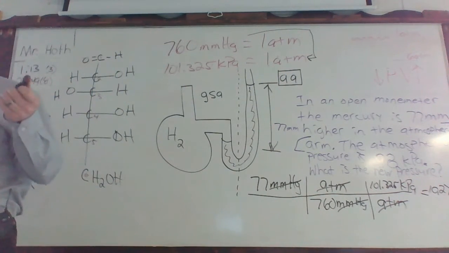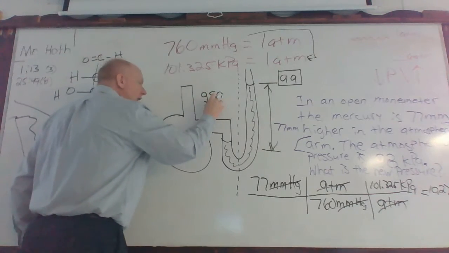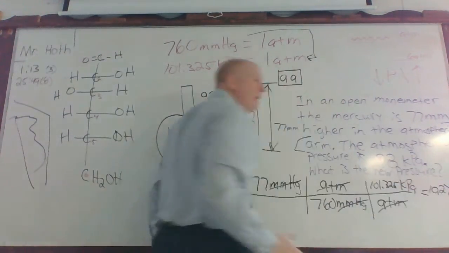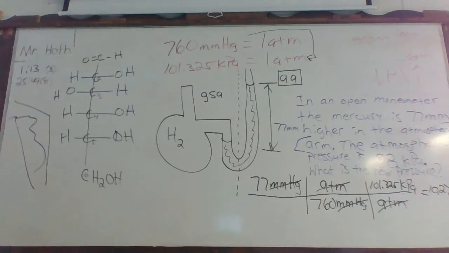So that way you hopefully won't ever make that mistake. If it's higher in the atmospheric arm, the AA stands for that, but also could stand for always add. Because if it's higher in the gas sample arm, what do you suppose you would do with that 10.27? You would subtract that. So hopefully that's a way that you can keep that separate.